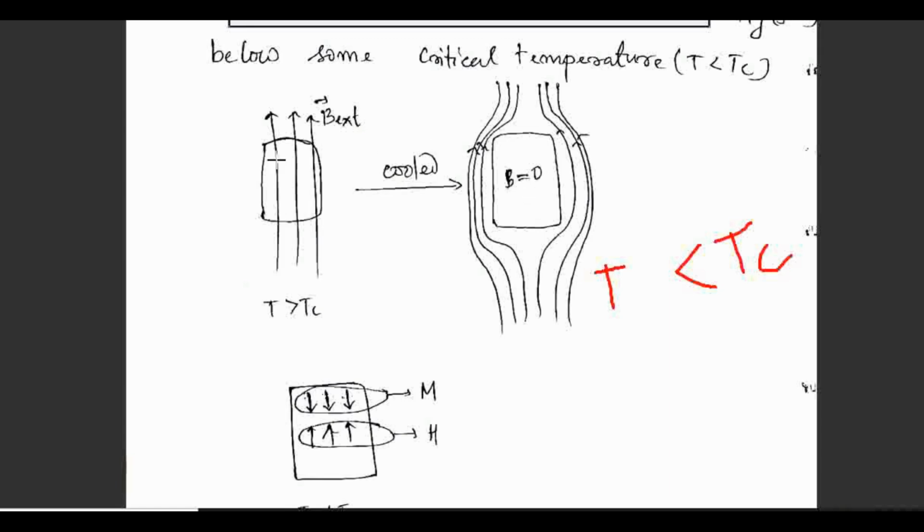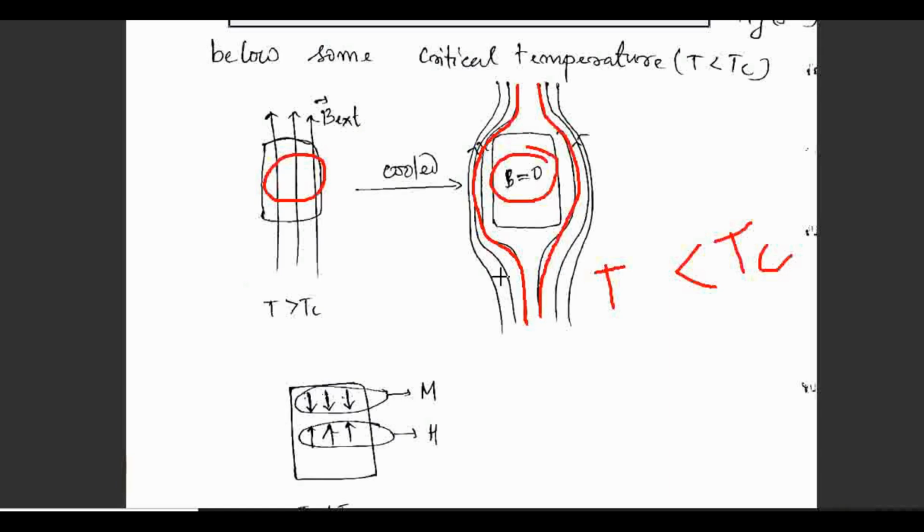But before, when T is greater than Tc, there is some magnetic field present inside the material. When T is smaller than Tc, the net magnetic field inside the material is 0. Now this material is behaving like a diamagnetic substance because it is repelling the magnetic field which is coming towards it. That means it is behaving like a diamagnet.